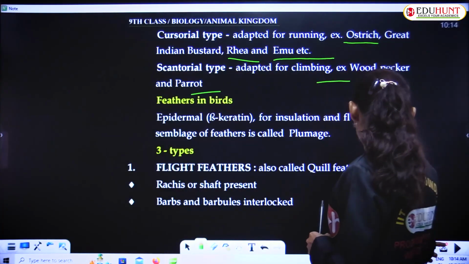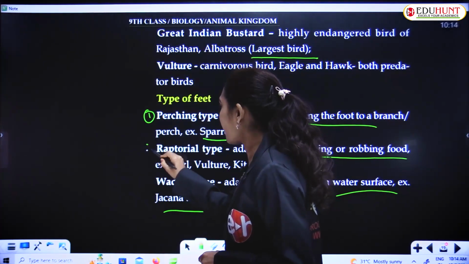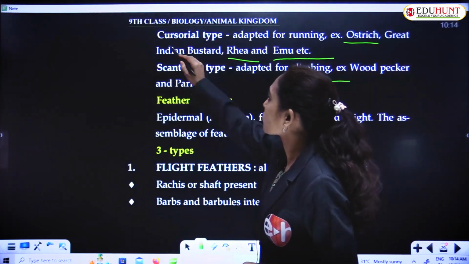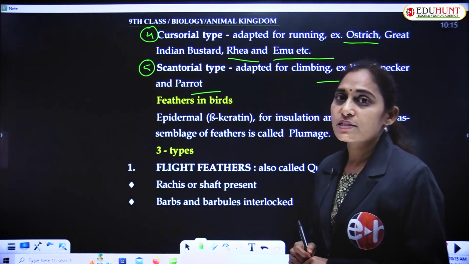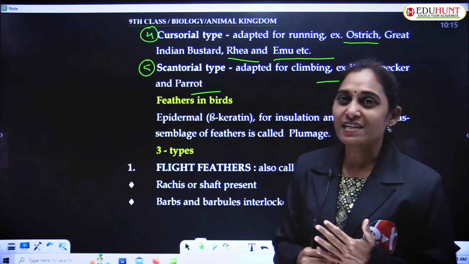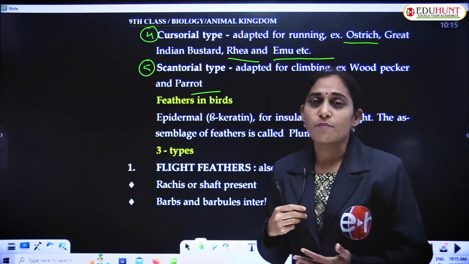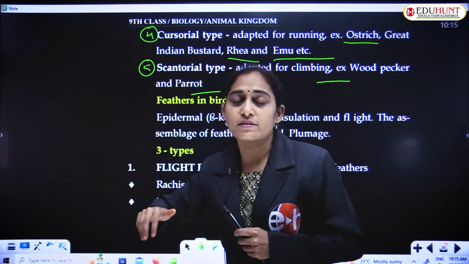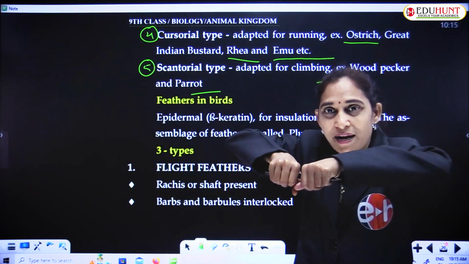These are the various types of feet. One is the perching type, second is the raptorial type, third is the wading type, fourth is the cursorial type, and fifth is the scansorial type. These are the various feet found in different birds, adapted to facilitate their movement from one place to another. Some birds walk slowly, some run on the floor, some walk on the surface of the water, and some hold branches like this.